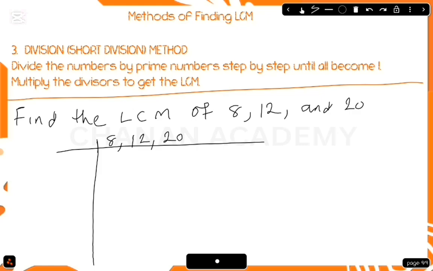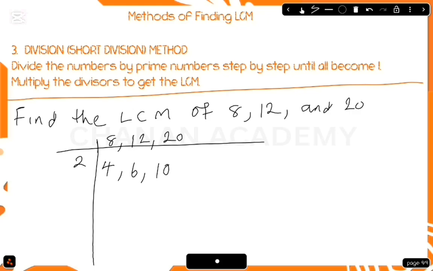We'll start from the least prime number, 2. Check if 2 can divide any of them. Of course 2 can. So 2. If 2 divides 8, the result will be 4. If 2 divides 12, the result will be 6. If 2 divides 20, the result will be 10.